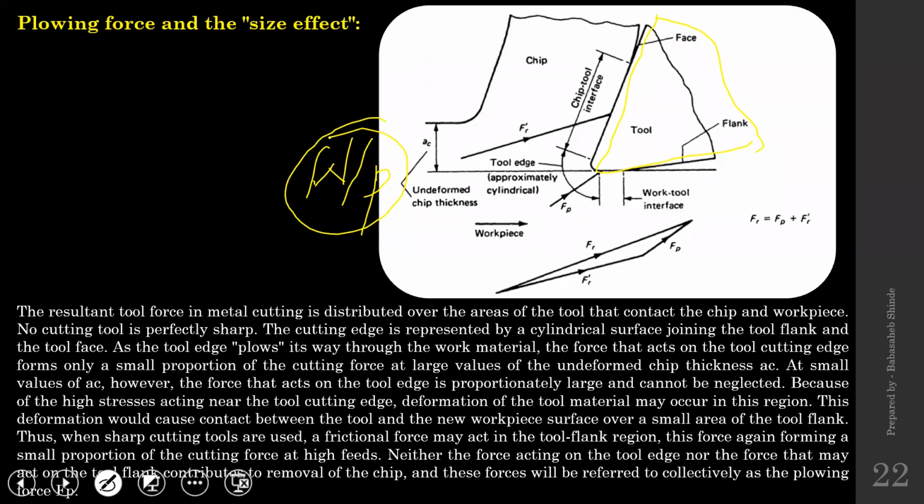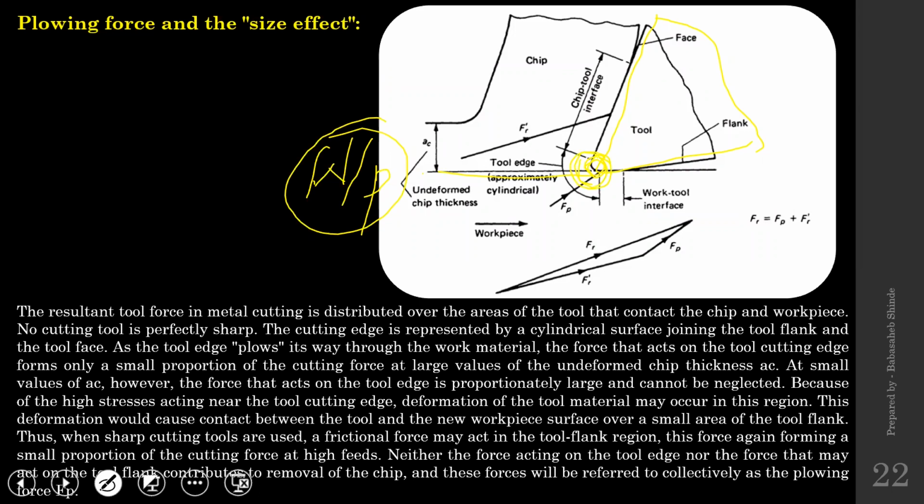What are those three locations? First one over here, where the cutting point or cutting edge of the cutting tool comes in contact with the workpiece, and where actual chip formation or material removal takes place. That is the first location.